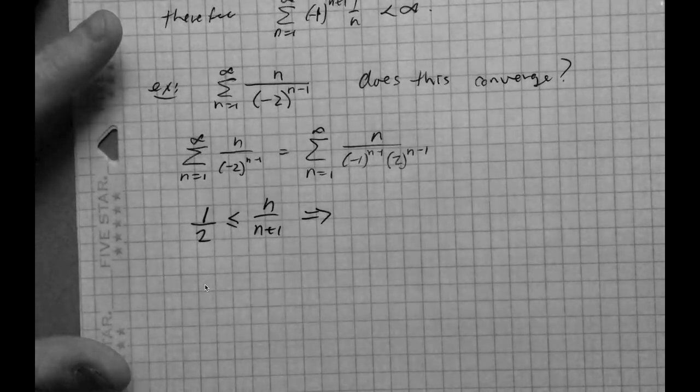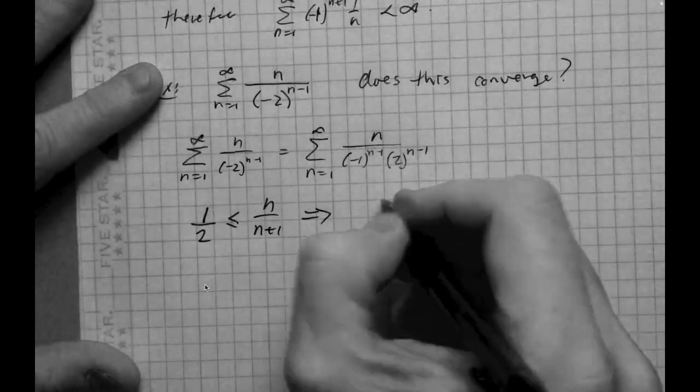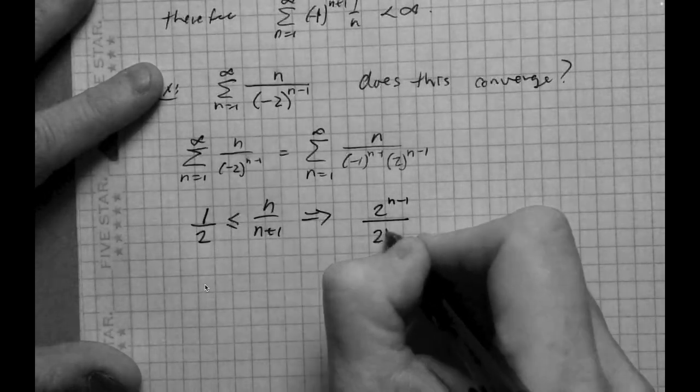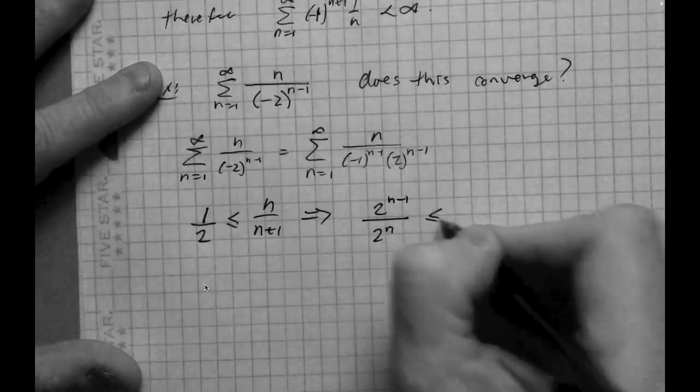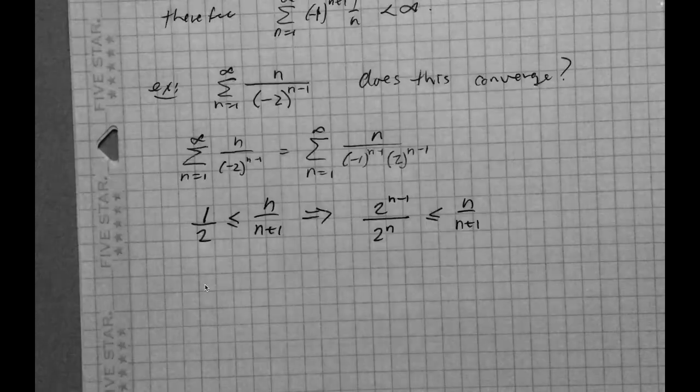And what we can do then is write it like this. It's going to imply that 2 to the n minus 1 over 2 to the n is less than or equal to n over n plus 1 for all n, right? So all we're doing is exponentiating appropriately.